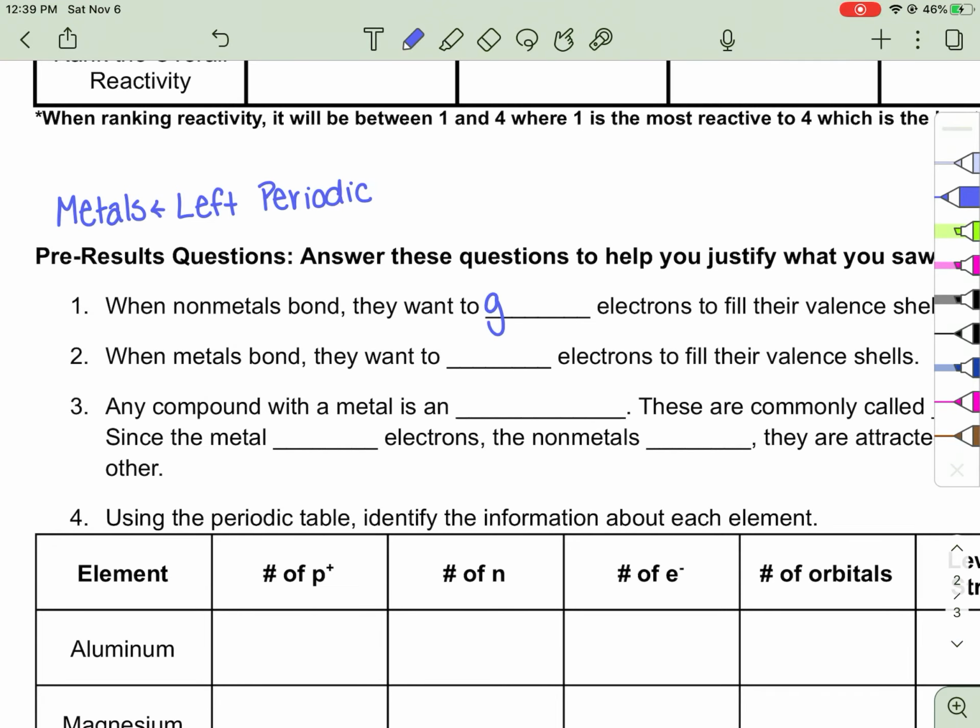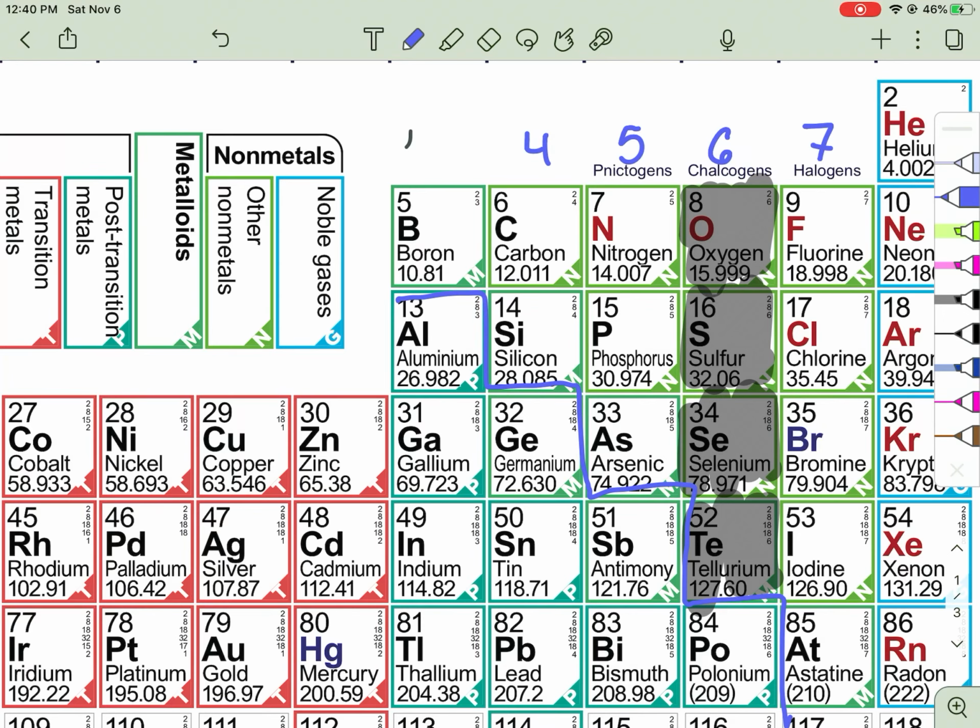Nonmetals generally have 4, 5, 6, 7, or 8 with the noble gases, but we do ignore those for reactivity because they won't react. They normally have 4, 5, or 6 valence electrons. It is so much easier for them to gain an electron, or multiple electrons, to become stable.